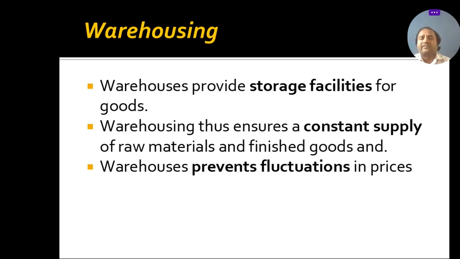Now the concept is warehousing. How can a warehouse support the businessman to increase trade? A warehouse provides storage facilities for goods. Warehousing ensures a constant supply of raw material and finished goods in the market, and helps prevent fluctuation in prices.